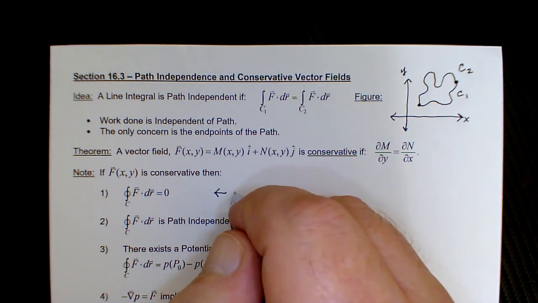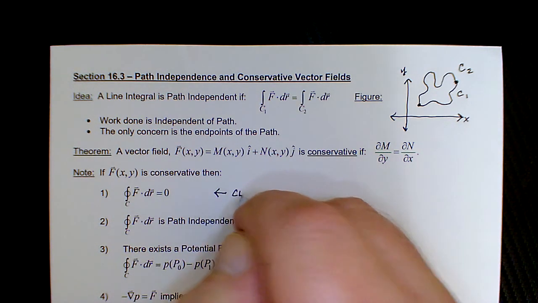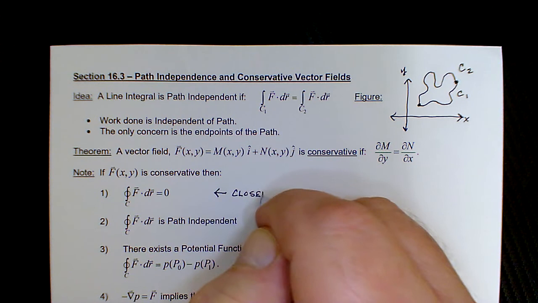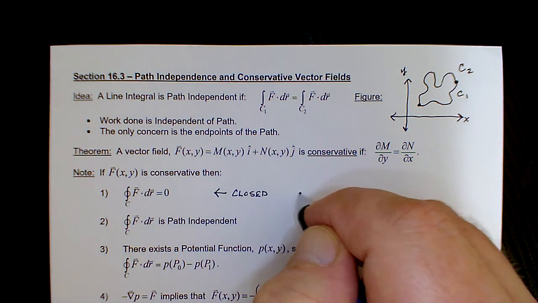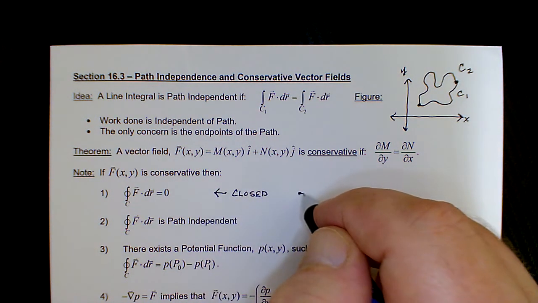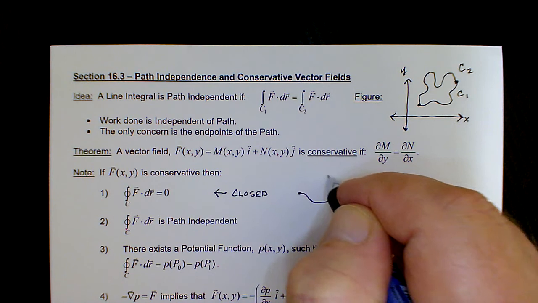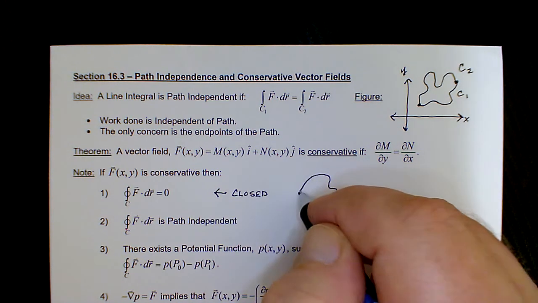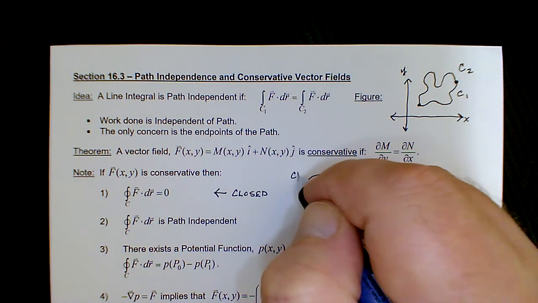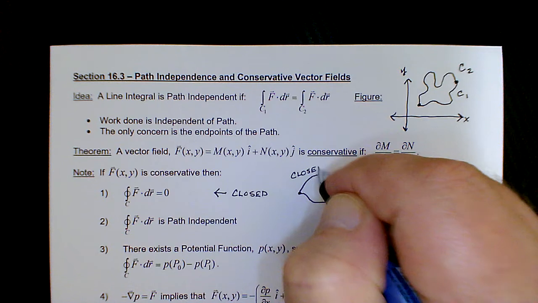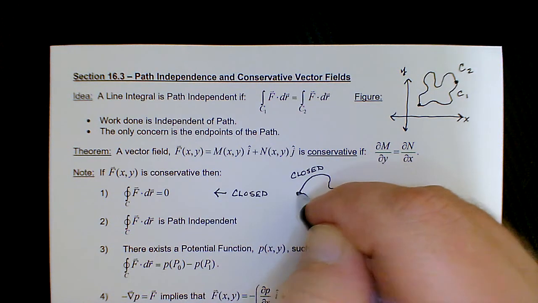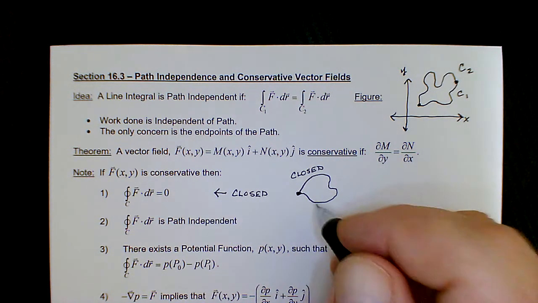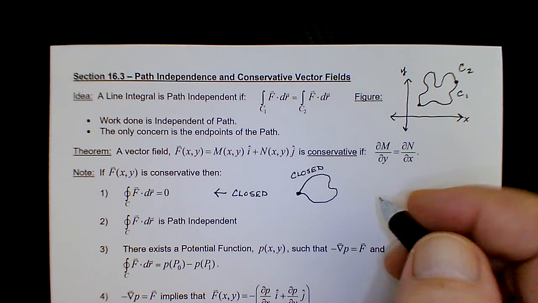That means it comes back to itself. So, for example, you have a starting point the same as your ending point. Okay, so that would be closed. So that's why the work is 0, because you didn't move anywhere. You just went around in a circle or whatever.